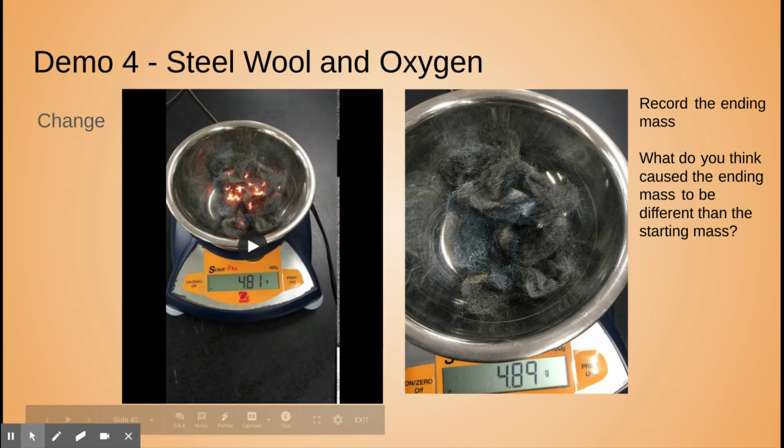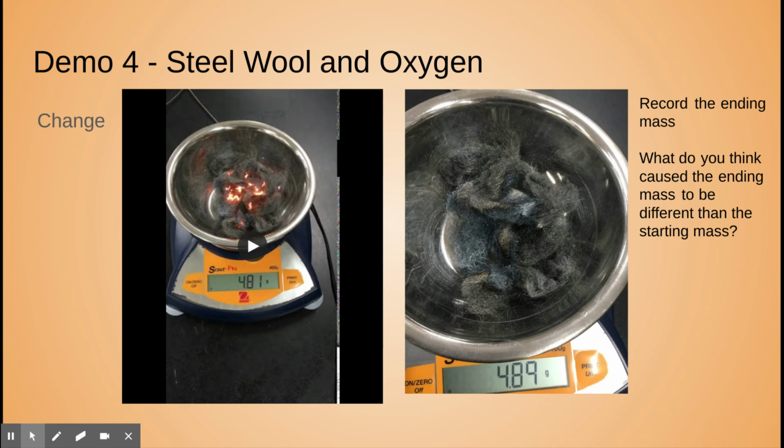All right, so before I go on talking about it, I want you to answer the question that says, what caused the ending mass to be different than the starting mass? I want you to see if you can come up with something that would have caused that, and then that's going to help you draw your mom diagram.